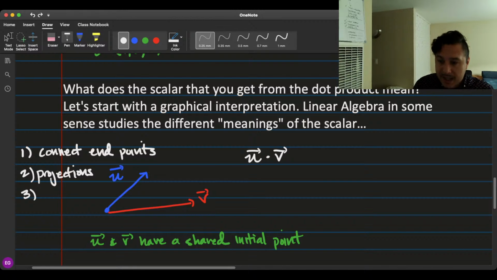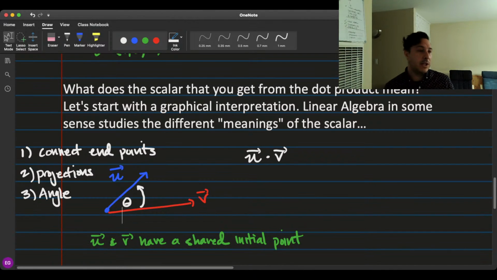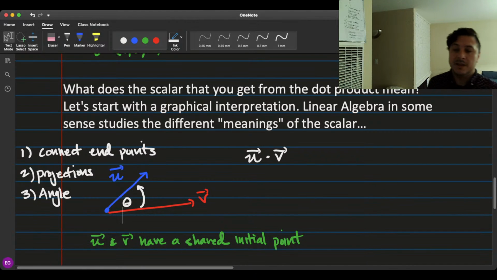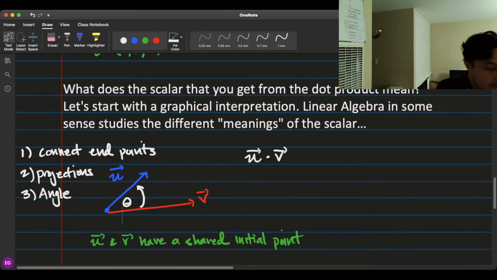Another thing that we could look at here is the angle formed between them, which we'll call theta. And this angle will actually be helpful for the two earlier things that I talked about, the projections and connecting the endpoints. So there's this angle between them.